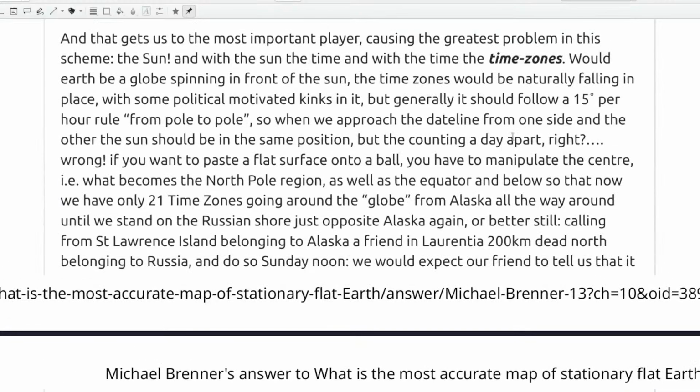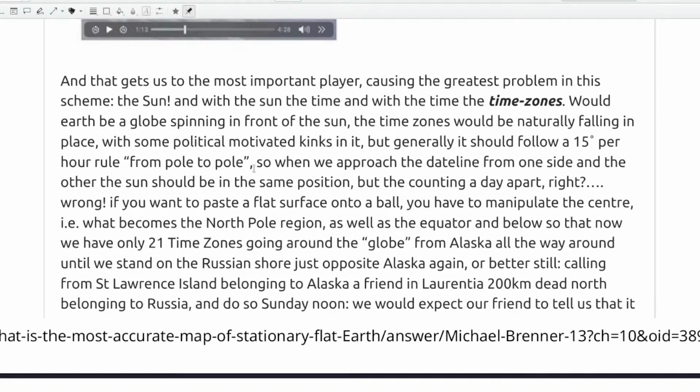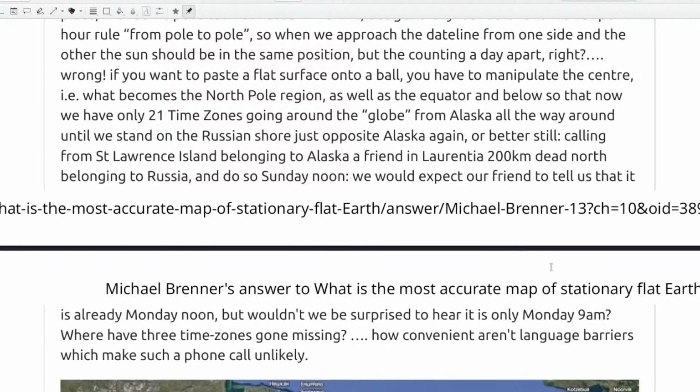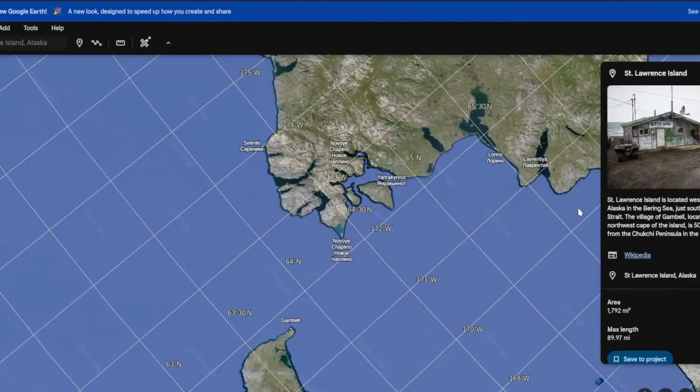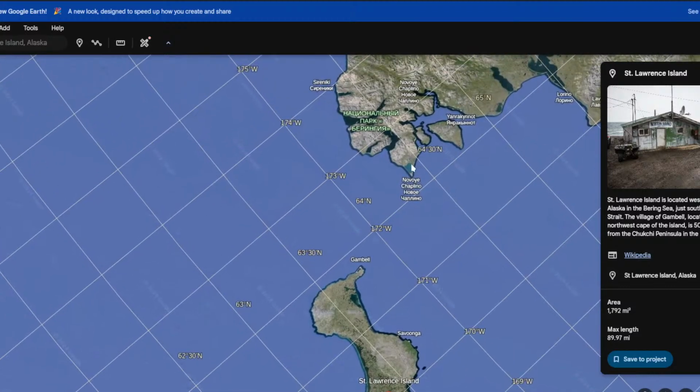That they're 200 kilometers dead north. Yeah, okay. Wow. That's weird. That's insane. 9 a.m. and noon? So it's noon in Russia and 9 a.m. here. That's crazy.